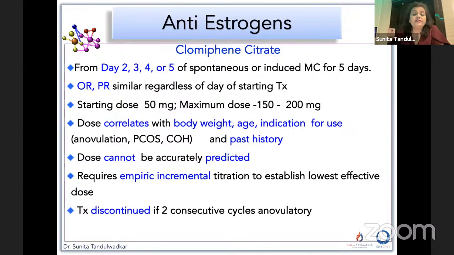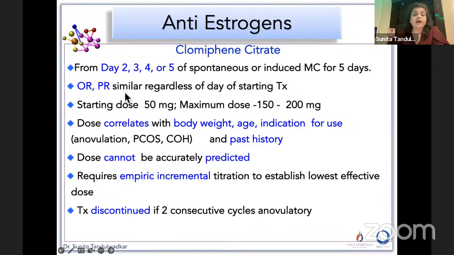If the follicle is just 12 mm, usually these follicles grow at the rate of 1.5 millimeter per day. After 15 or 16 mm, they may go a little more rapidly. So if it is 12 mm, then I know that after another 2 days, 48 hours or 72 hours, I can call her next.